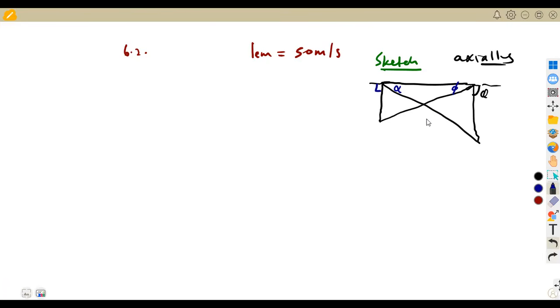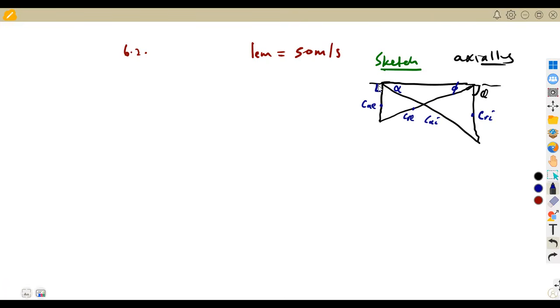The inlet velocity here is our absolute inlet velocity, taken out at the exit as the exit absolute velocity. Then we have the inlet relative velocity, taken out as the relative exit velocity. So knowing your sketch is very important.